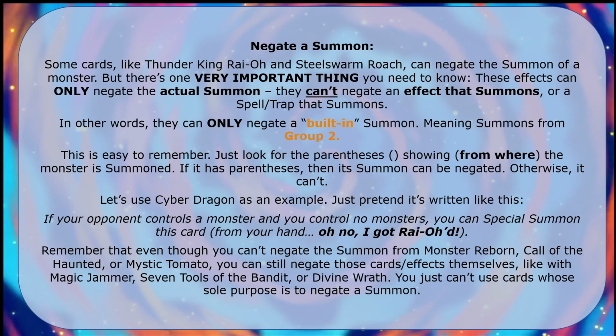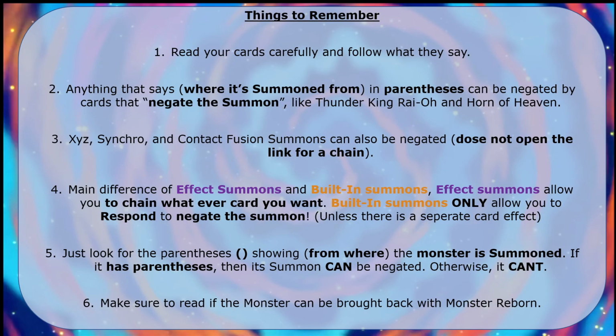So the actual things to remember and to take away from this video is read your cards carefully and follow what they say. Anything that says where it's summoned from in parentheses can be negated by cards that negate the summon, like Thunder King, Raya, or Horns of Heaven. Now, XYZ, Synchros, Contact Fusion summons can also be negated, but it does not open the link for a chain.